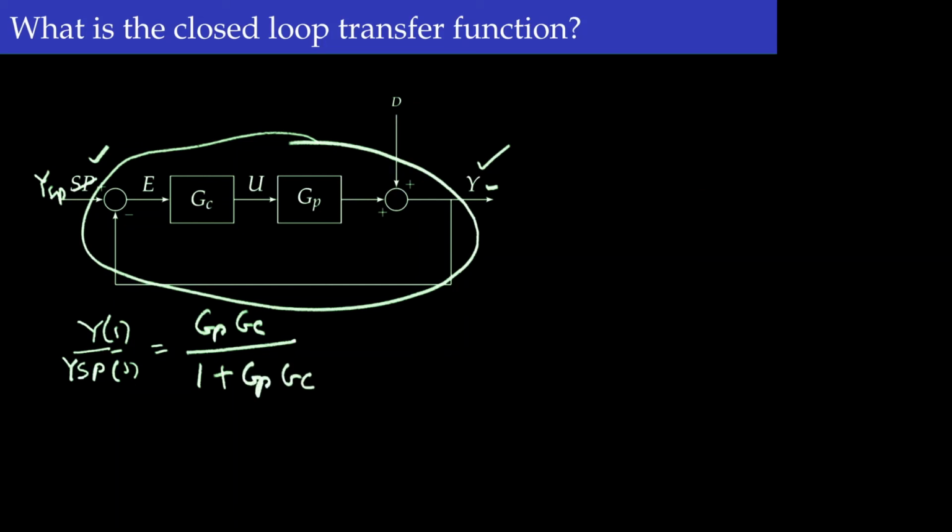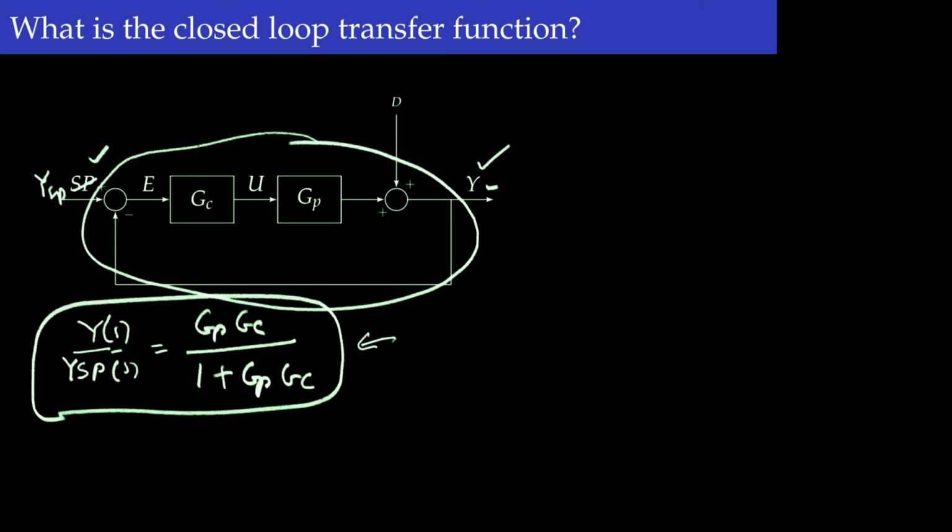Okay, so this is the most commonly used transfer function that we'll be using, and we say that this transfer function, the relation between y and y set point, is what is called the closed loop transfer function. So again, the objective of doing this closed loop algebra is to do theoretical analysis of the closed loop response, and we'll see how to do it.